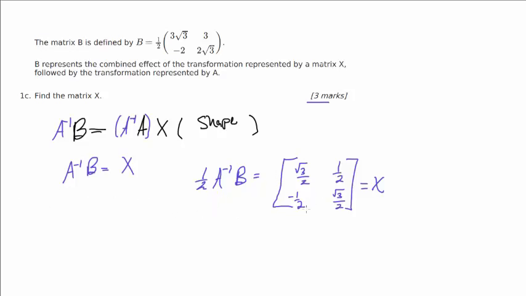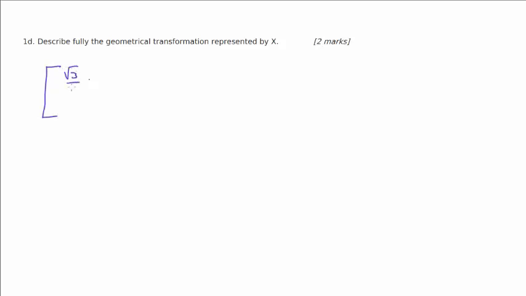We're going to need that information in a moment, because question D asks us to describe fully the geometric transformation of X. Matrix X, we said, was the square root of 3/2 and 1/2, negative 1/2, and square root of 3/2.